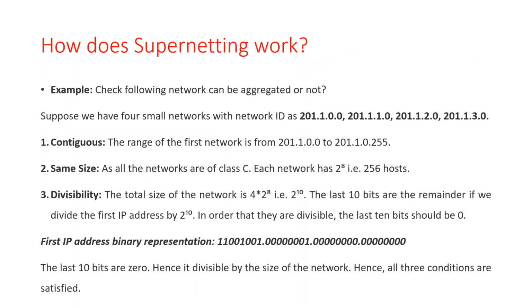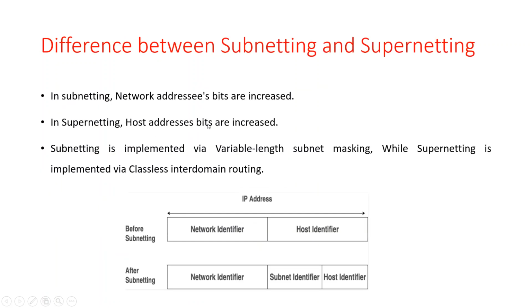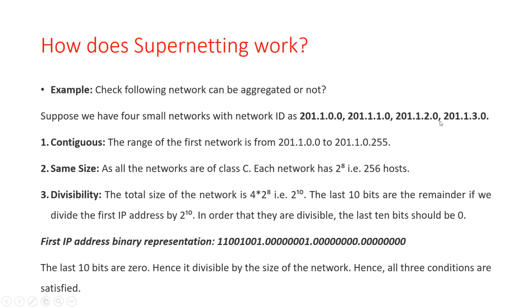Here in supernetting, for class C, the last two addresses are host IDs, and the first two addresses are for the network ID. So in supernetting, the last bits are for host IDs. Host bits are increased from 1.0, 2.0, 3.0 and 0.0 also.